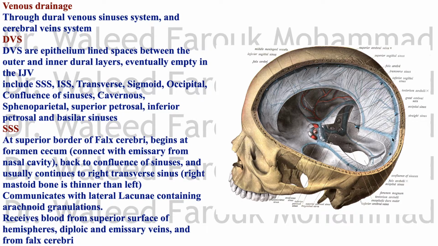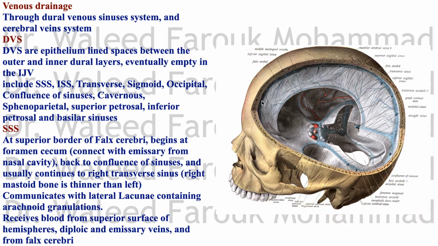The superior sagittal sinus, it's this sinus. See that? It's big at the upper end of the falx cerebri, so it begins at the cribriform plate and ends in the confluence of sinuses, and usually continues as the right transverse sinus.